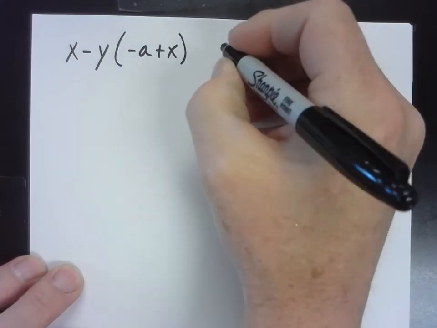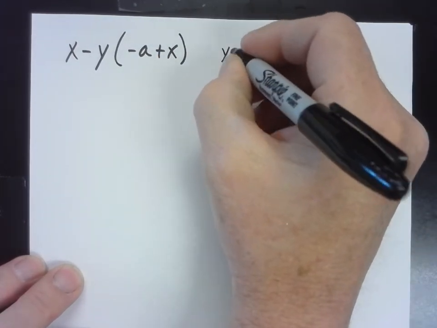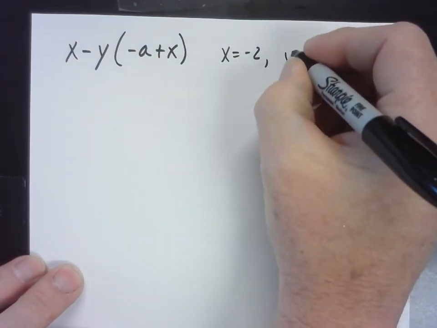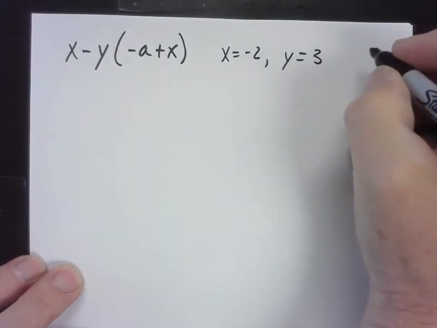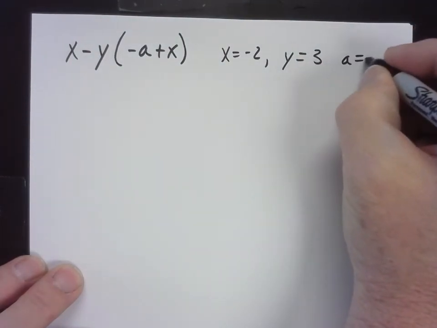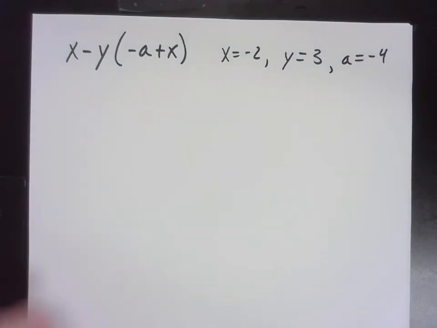Evaluate this expression if x is -2, y is 3, and a is -4. I'll walk around and help you. You don't need to write down the original problem, okay? Just write it out, replace your variables with the parentheses, and then put the numbers inside.